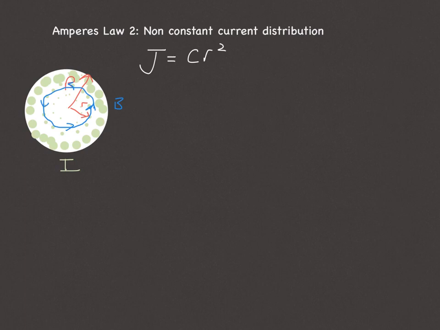We also know that the current density definition is the total current per the total area, which means that the current enclosed divided by the differential area of the loop will equal that current density.